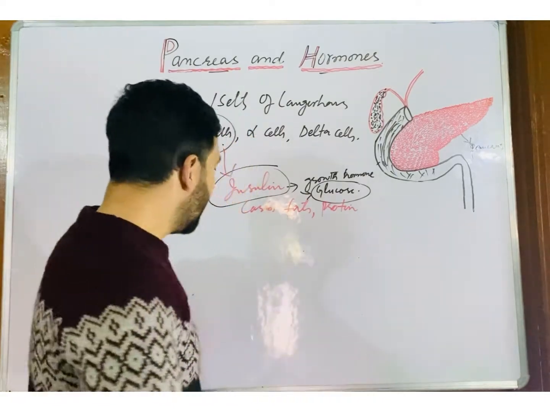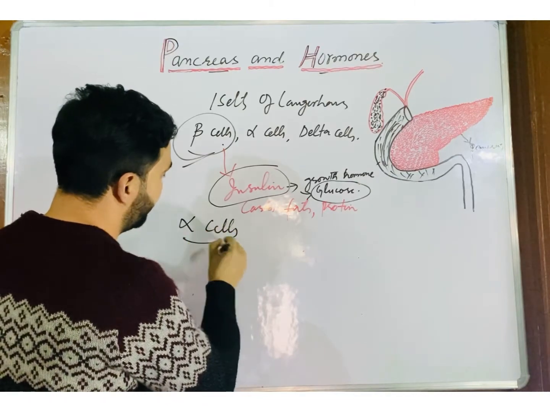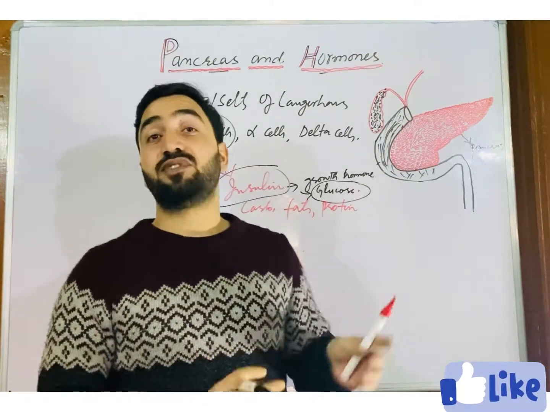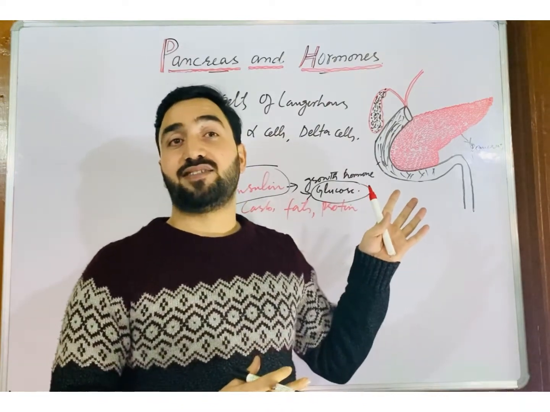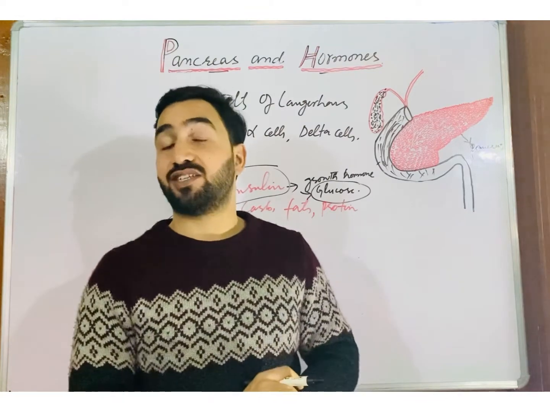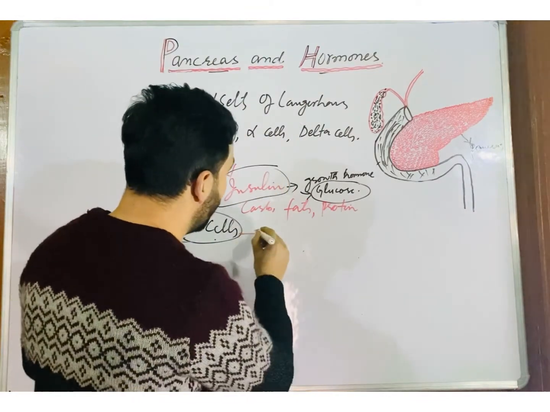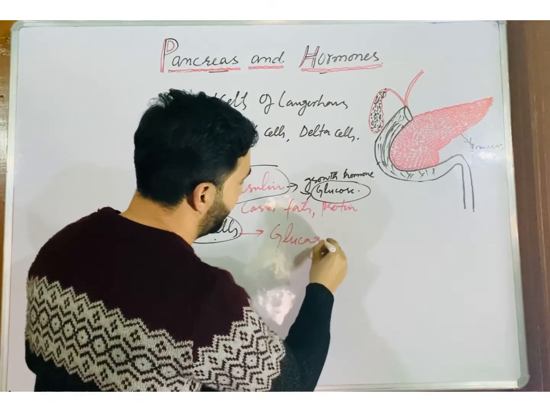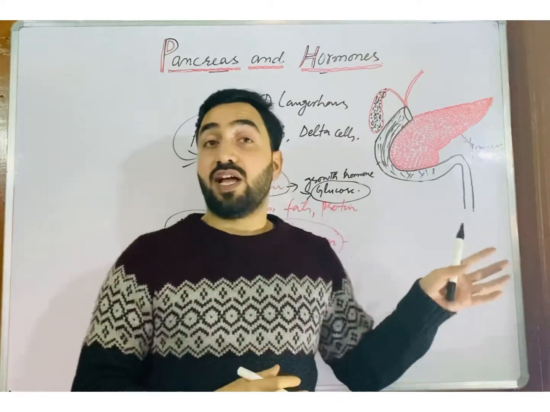Now we'll see the function of the alpha cells. The alpha cells of the islets of Langerhans produce an important hormone called glucagon.